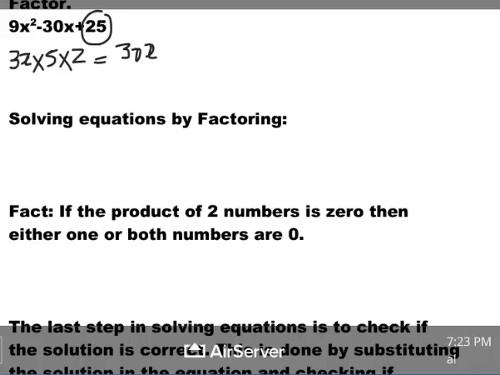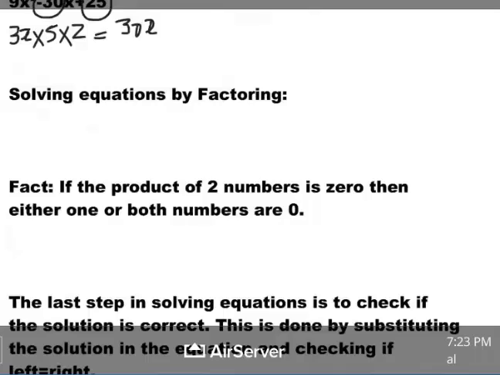Since the middle term is negative 30x, this means I can use the perfect square trinomial. So I can write this one as (3x minus 5) squared. If you expand this one, you're going to get this expression back.